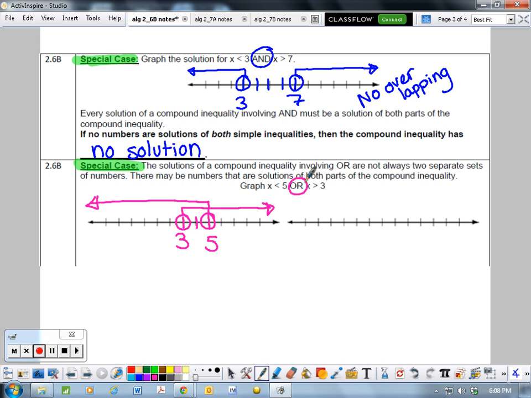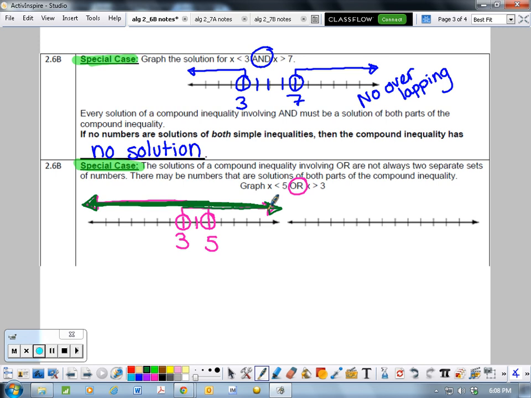And because it's an OR, I'm kind of smushing it all together in one graph. So my final graph is going to be wherever there's a graph on here. So if I look, I've got an arrow here, and it keeps going, and now I'm overlapping. So my graph is here, and I'm smushing it all together. And then what do we notice here? Because this is all one graph now, what's our graph looking like?